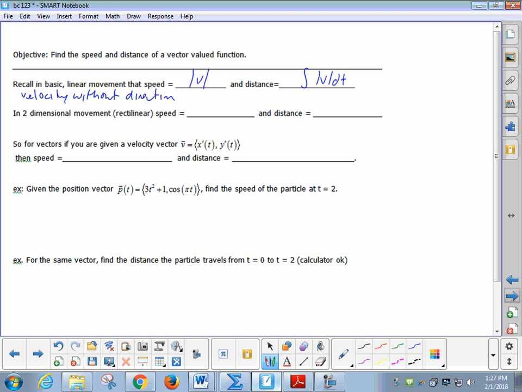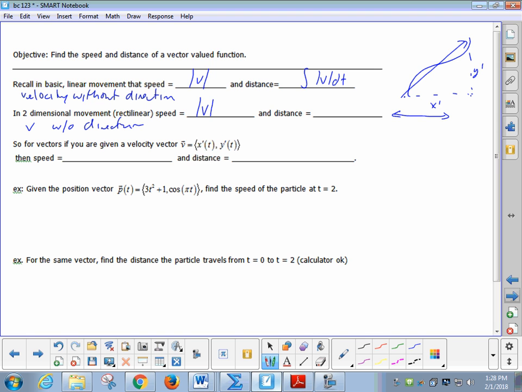That's linear movement. The same is true, but a little more complicated in rectilinear or two-dimensional movement. Speed then is still the absolute value of velocity, but now instead of going linearly, you're talking about 2 dimensions. I still want to know how fast it's going this way without direction, and I do that by using the Pythagorean theorem and making many small little calculations, right? So the speed is still velocity without direction.